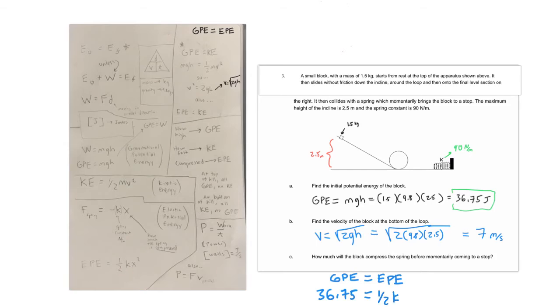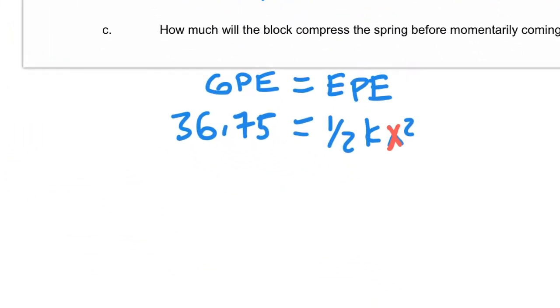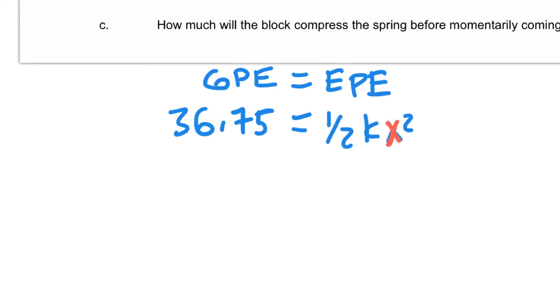1/2 K times X squared. Now, we are keeping in mind that it's really this X that we're trying to solve for. And, you know, we could sort of begin the process of filling in our K and all that stuff, but I'm actually going to go ahead and treat this as a literal equation as well, where I'm going to get x by itself.